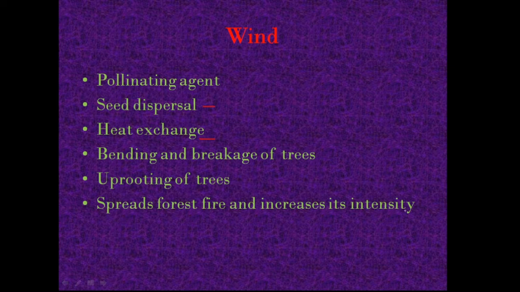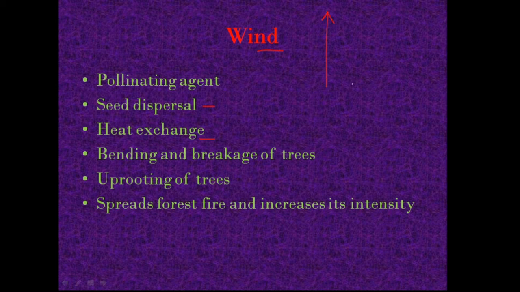and increasing its intensity. When the amount of wind is very high, or when the amount of wind varies, the plants also show some kind of modifications. When the intensity of the wind is very high, the plants do not tend to grow to greater heights.